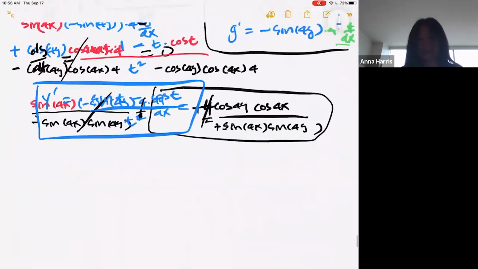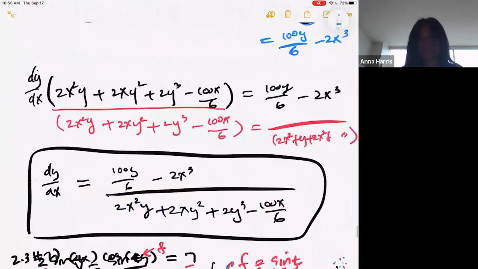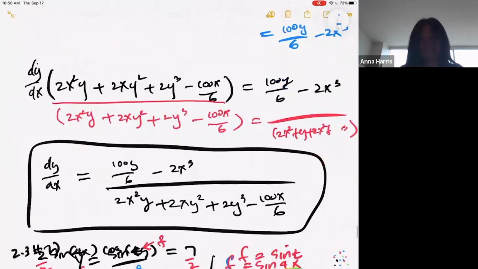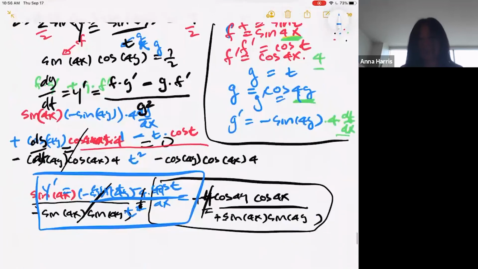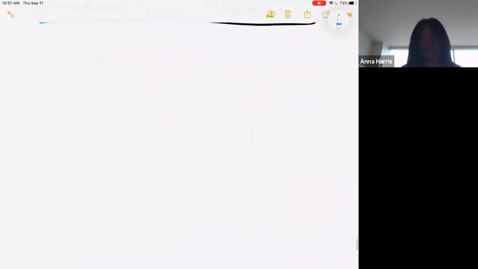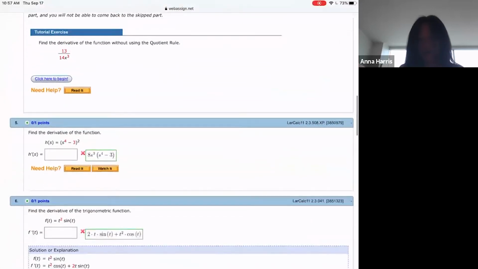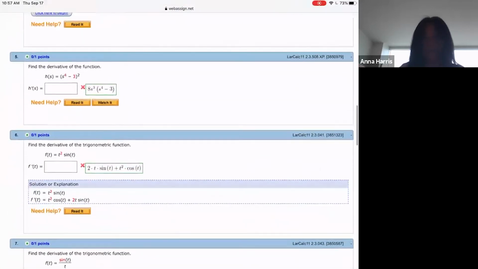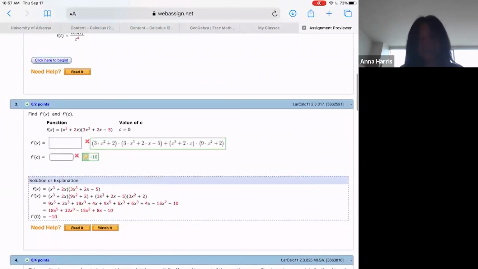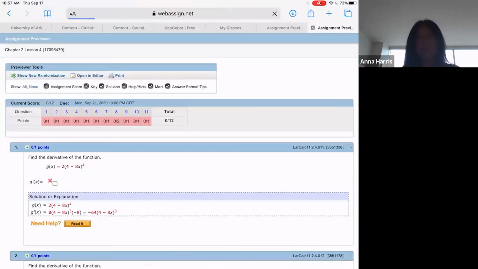For whatever reason, the problem I just did is not there anymore. But anyway, you know how to do it. So that was not a hard one. Okay, so now some problem from 2.4.